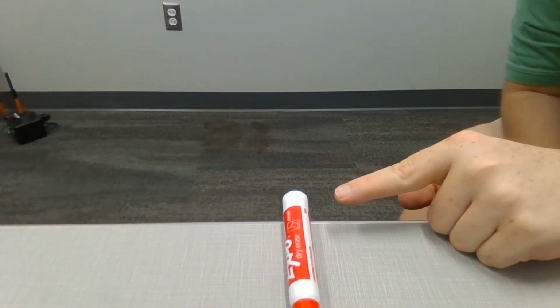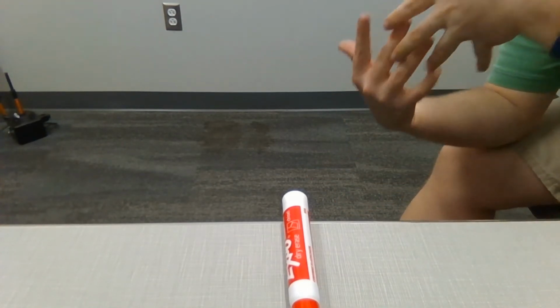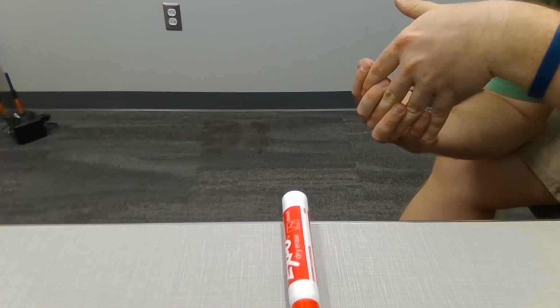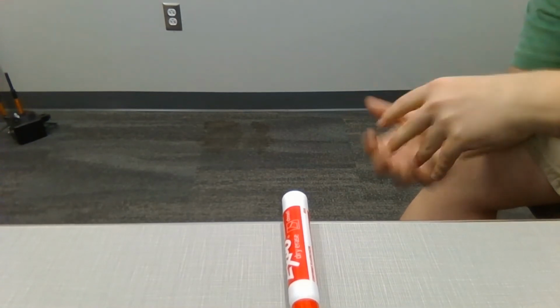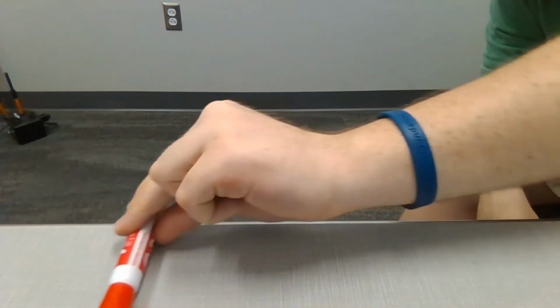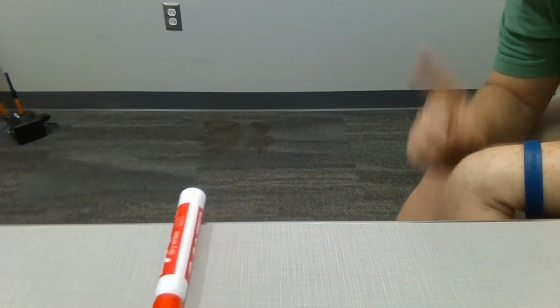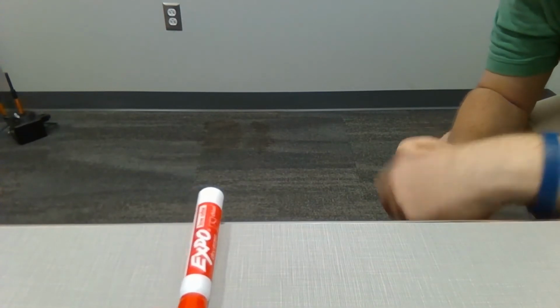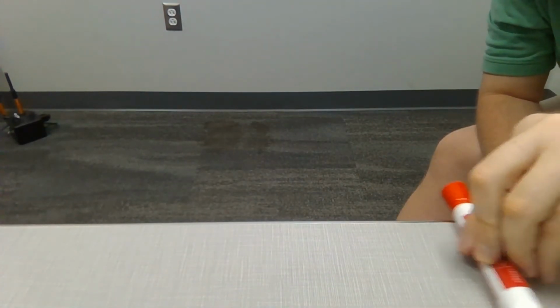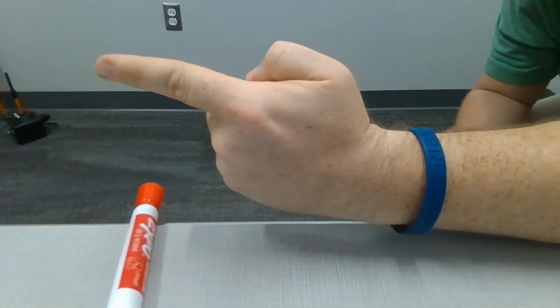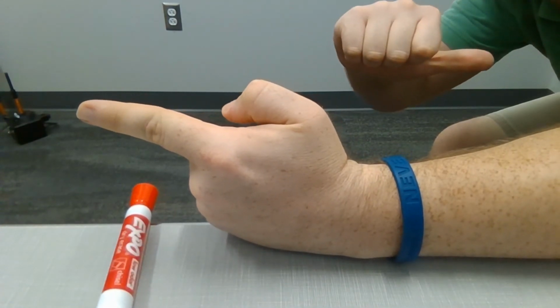The surface of the marker is rough against the surface of the table. And so as the marker is trying to move forwards, the friction is working in the opposite direction. So friction opposes movement. The marker's trying to move this way, but friction is going to point in the opposite direction to try to stop it, to slow it down.